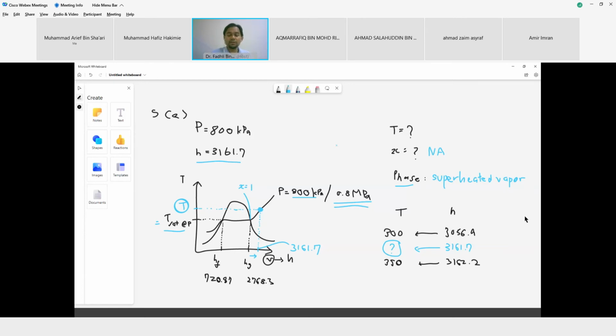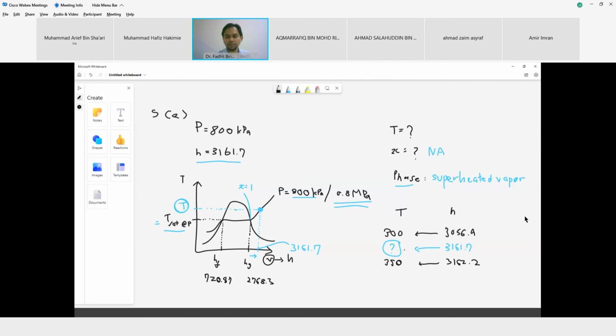So apply linear interpolation, then you can find the value of temperature. You have to refer back to your lecture note. I just show you the way, and I'm not going to explain linear interpolation.